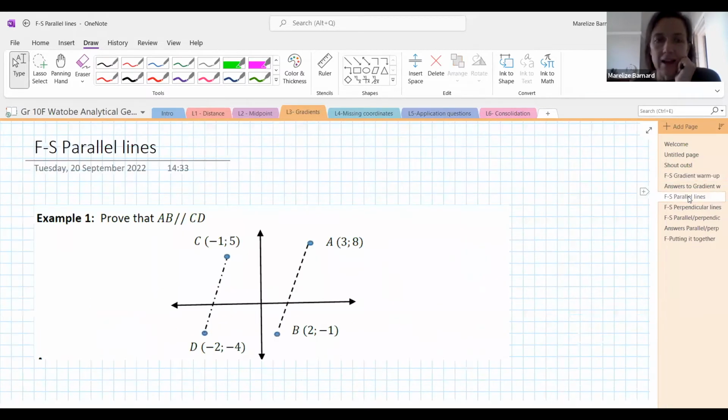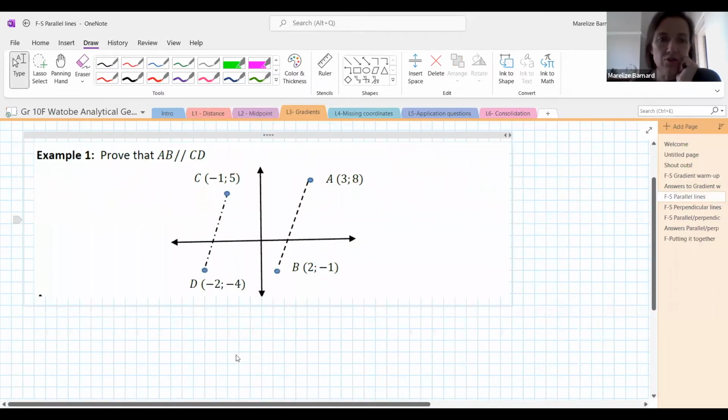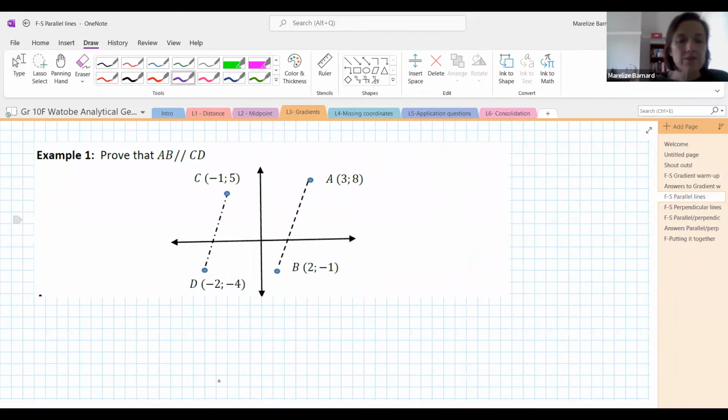Okay, now let's have a look at these two lines here. And I want you to calculate the gradient of CD and the gradient of AB. When you have your answers, pop them in the chat. Gradient of CD and the gradient of AB.